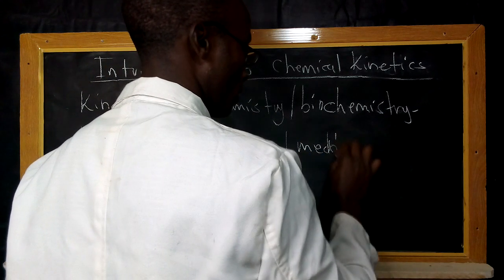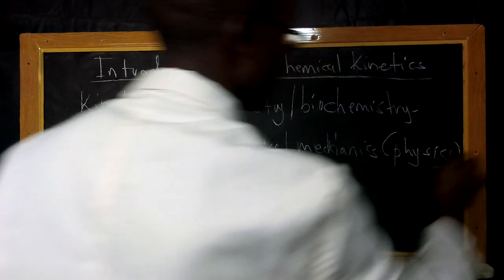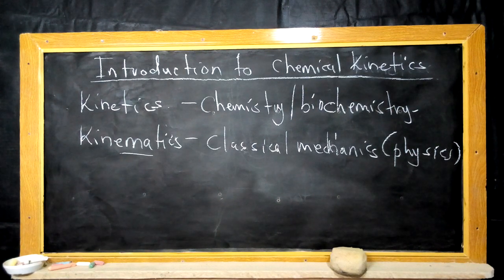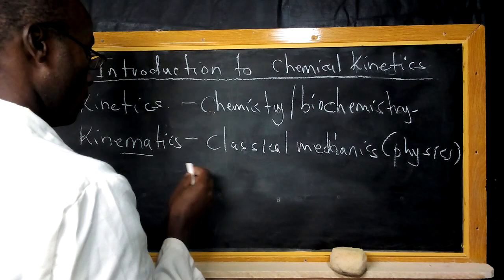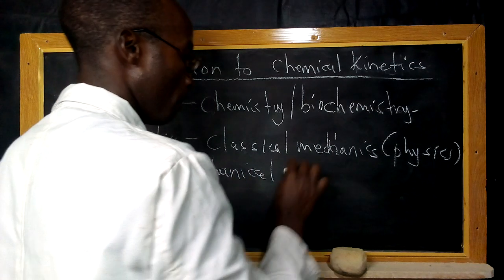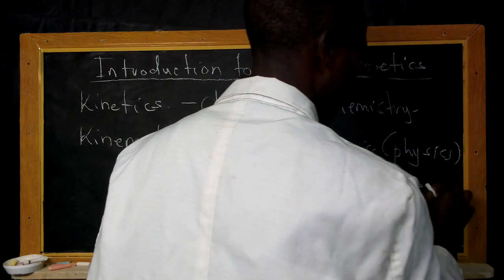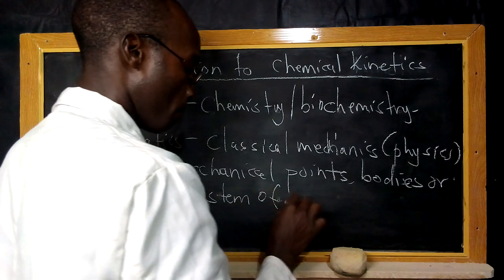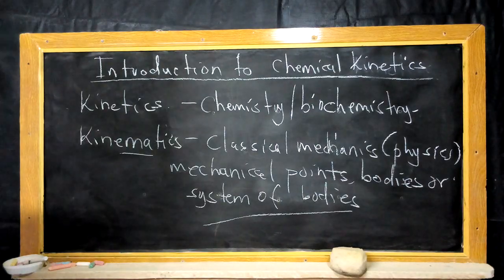This classical mechanics is in physics, that basically deals with the study of the motion of mechanical points, bodies, or a system of bodies, without regard to their physical properties.